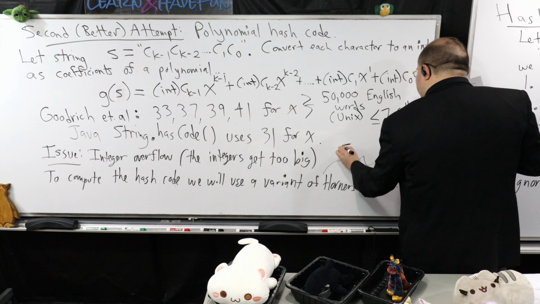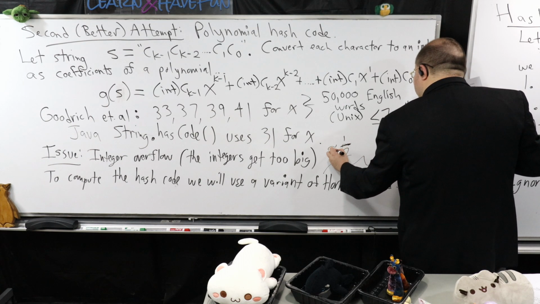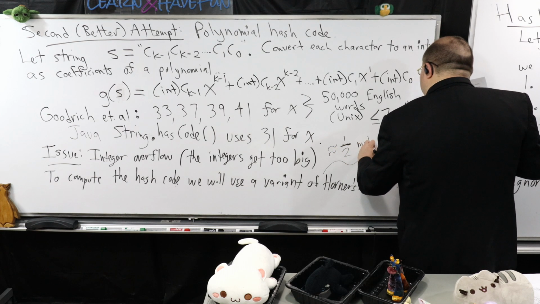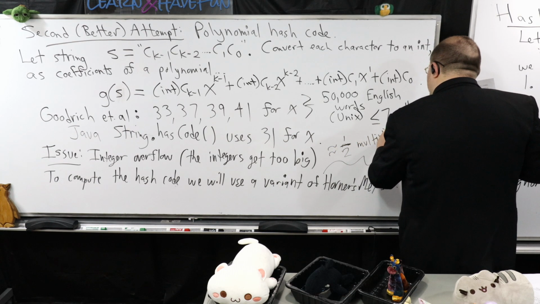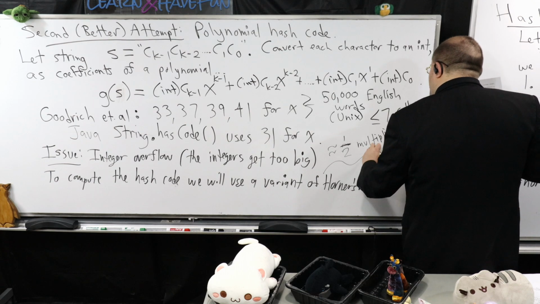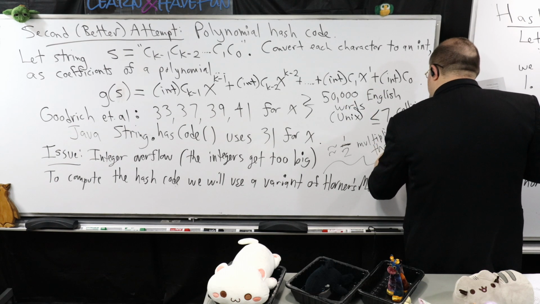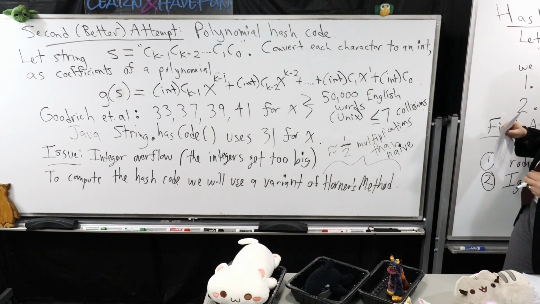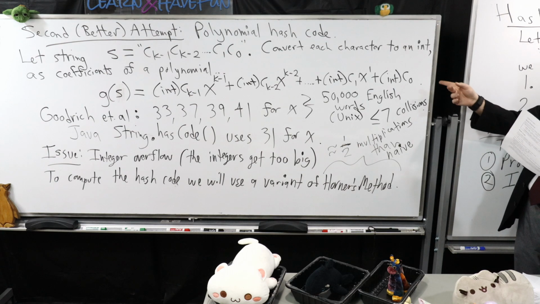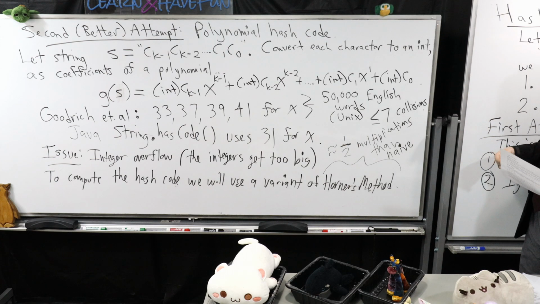So it does about half the number of multiplications than if you computed this naively using a loop, the naive approach of just calculating this straight out. That's one advantage it has.